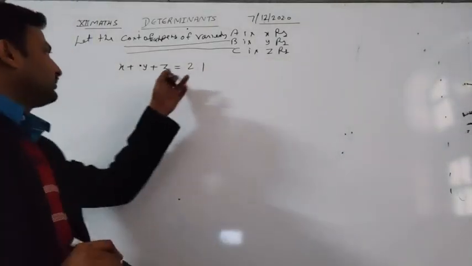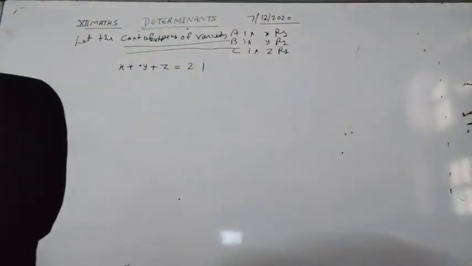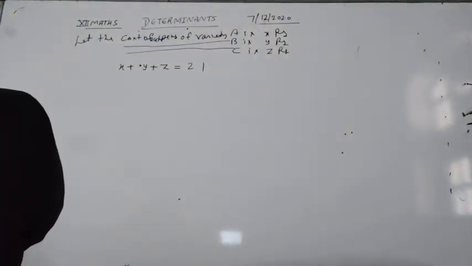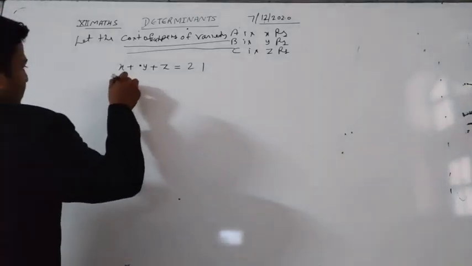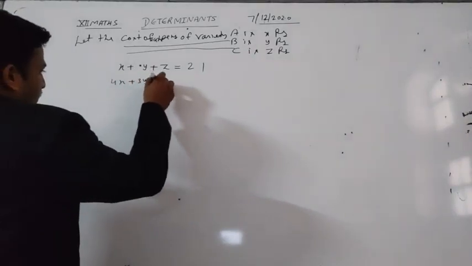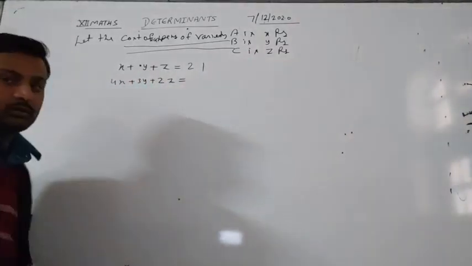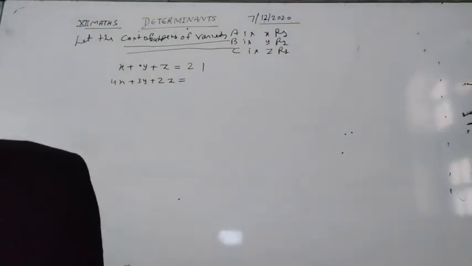And Zigan purchased 4 pens of variety A, 3 of variety B, and 2 of C. Okay, so 4x plus 3y plus 2z, the total cost of Zigan, is 60 rupees.